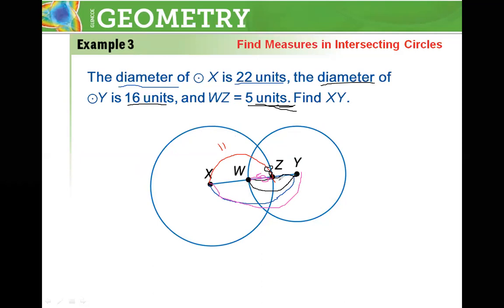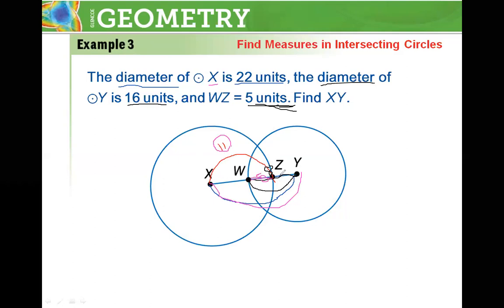Mazen, XZ is equal to what? XZ is the radius of the circle X. It's 11, only 11.